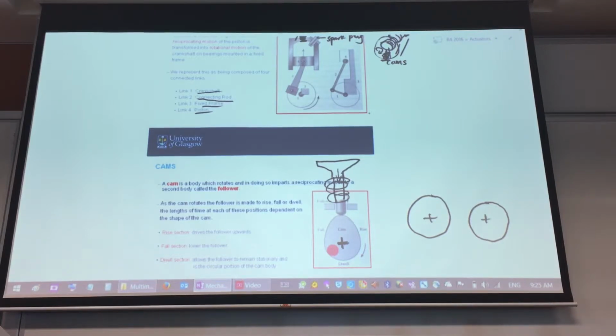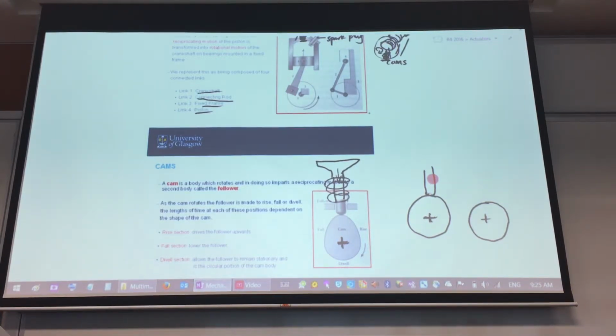If it's a pure circle just like this, and you press your valve against it and the shaft rotates, then your follower or this valve does not move at all. It's only when you have a cam shape that it will move up and down in that sequence.